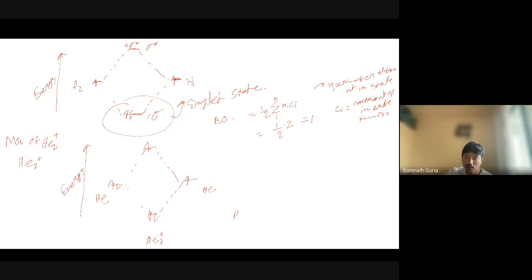So here also similarly, what will be the bond order? The bond order will be half of 2 minus 1. So here the bond order is half.